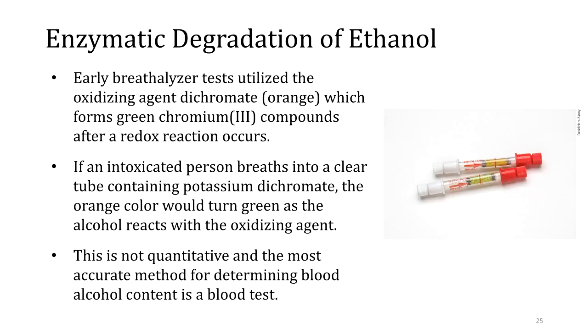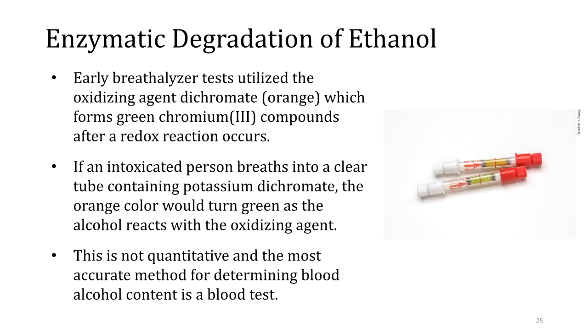So as we said before, enzymes can degrade ethanol, and it turns out that there's a common application for this. These are breathalyzer tests, which you may have seen. They contain an oxidizing agent, and the oxidizing agent happens to be something called dichromate, and dichromate has an orange color. We talked about dichromate in basic chemistry.